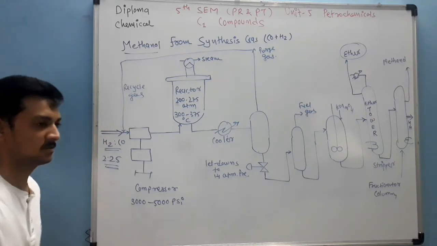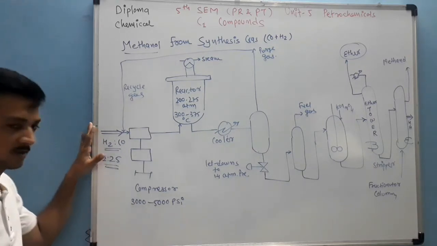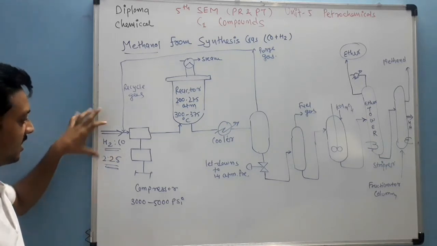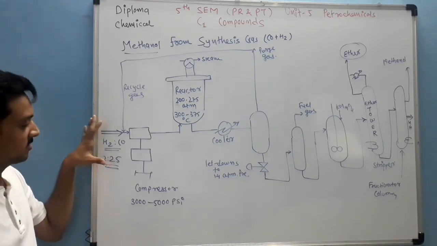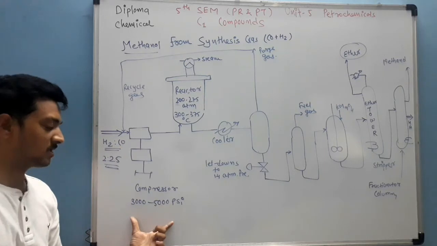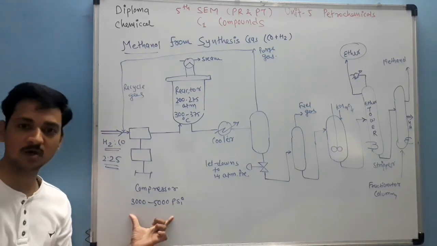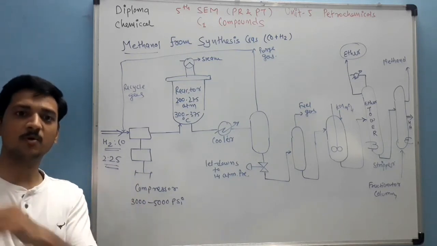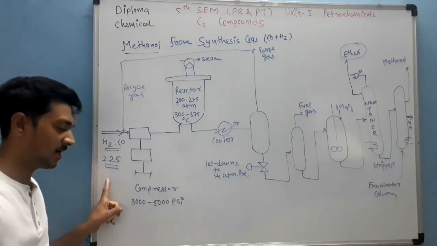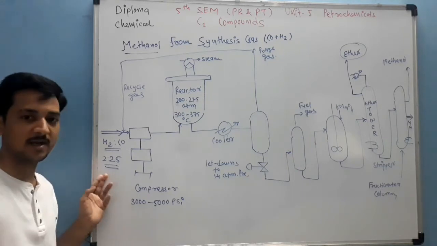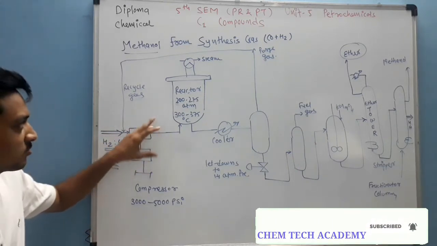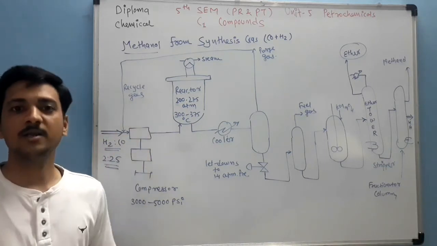Now what is basic? First of all, synthesis gas with recycled gas is compressed in a compressor at 3000 to 5000 psi pressure. The hydrogen to carbon monoxide ratio is maintained at 2.25. Then the mixture goes to the reactor.